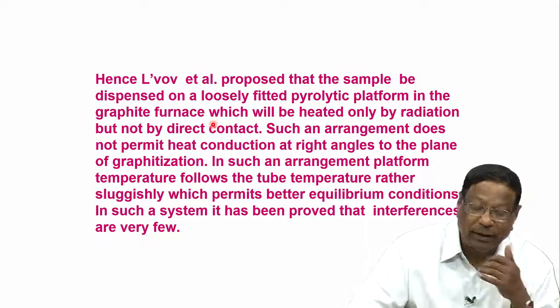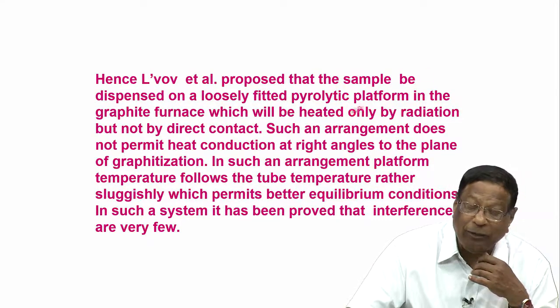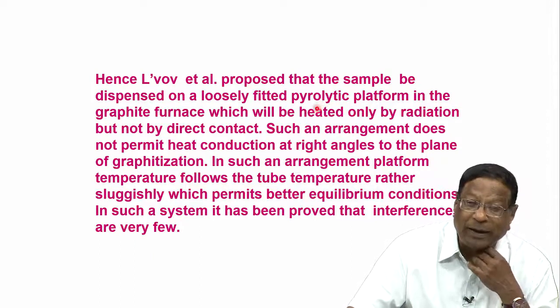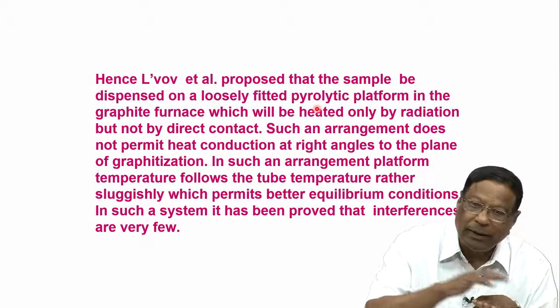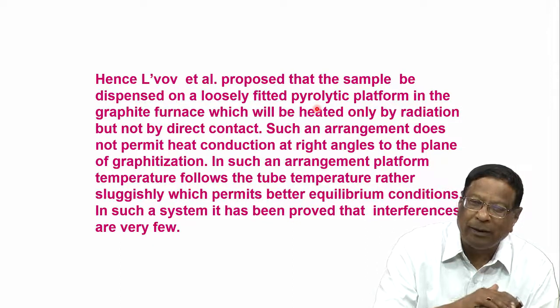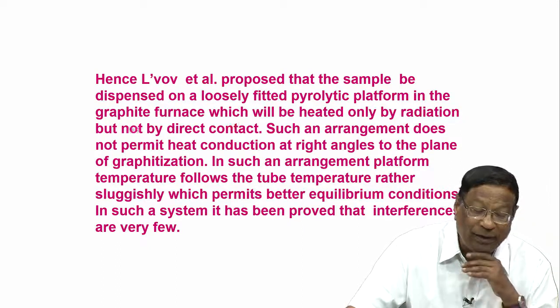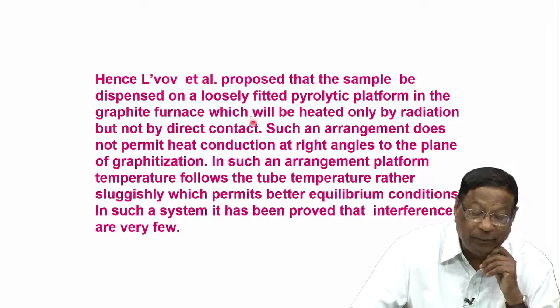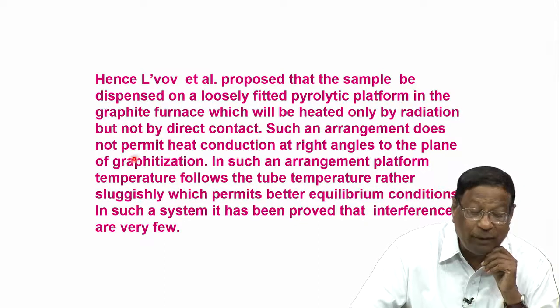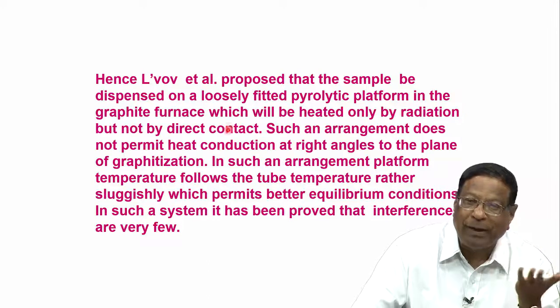So, he said even that platform you have to make pyrolytic, that means coat an impermeable carbon layer on it. Coat that also with carbon, and that will be heated only by radiation and not by direct contact. So, radiation heated material will be heated uniformly instead of by contact.